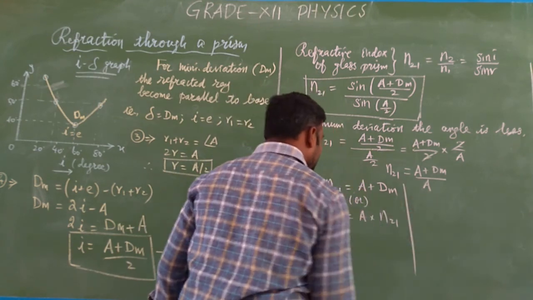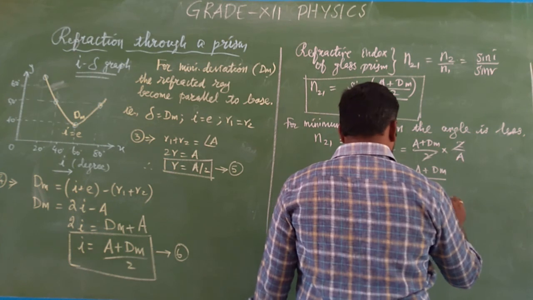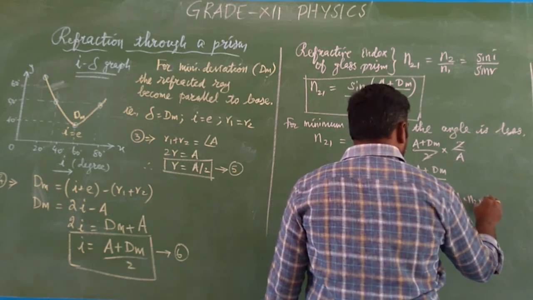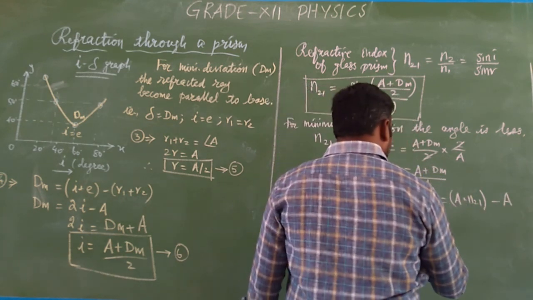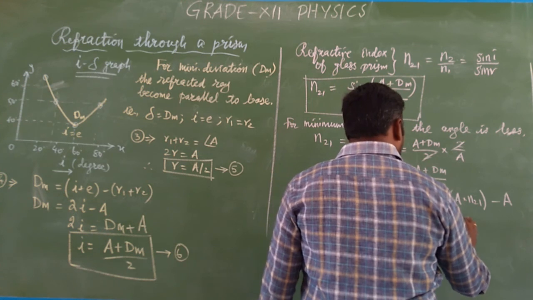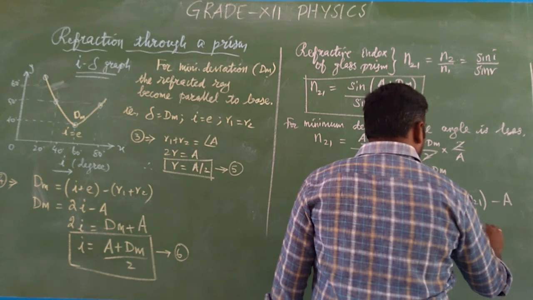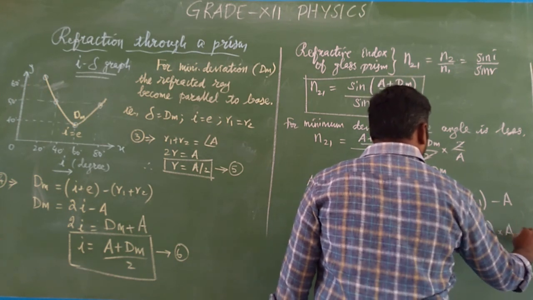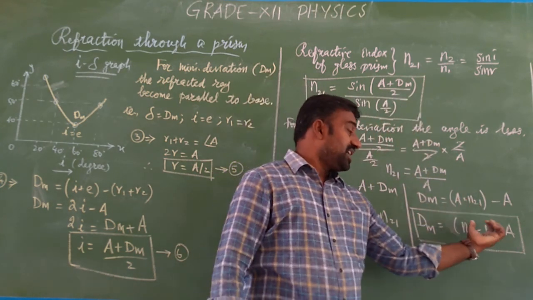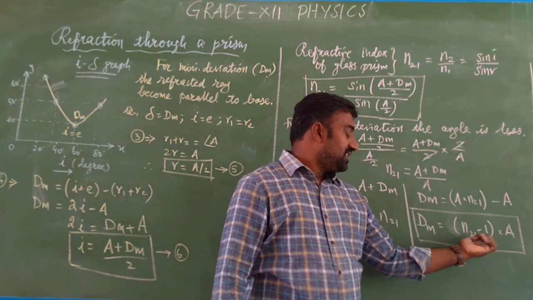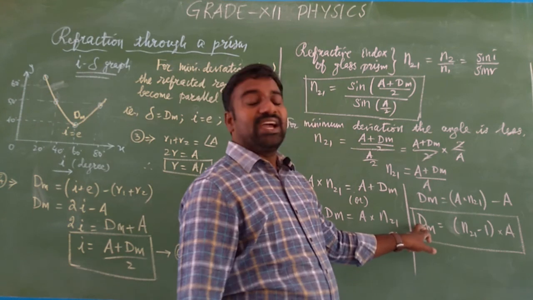So for minimum deviation, you transfer this plus term to that side, then you get A into the refractive index minus A. So A is common in both. Therefore, minimum deviation is equal to the refractive index minus 1, into A. What is the minimum deviation? A you can take commonly outside. So the refractive index of the second medium with respect to the first medium minus 1, into the angle of the prism. So this is the angle of minimum deviation.